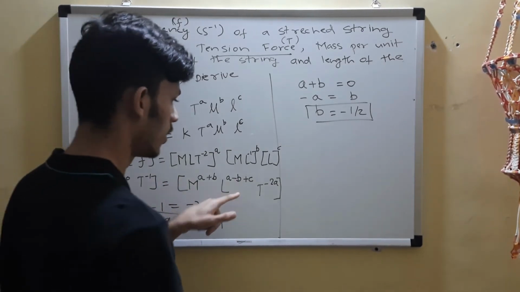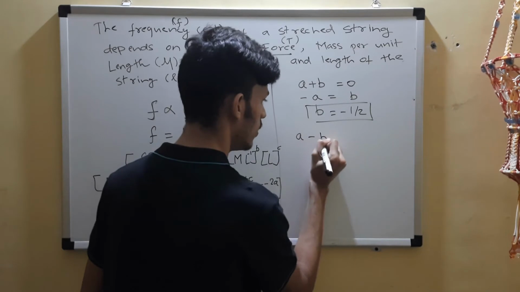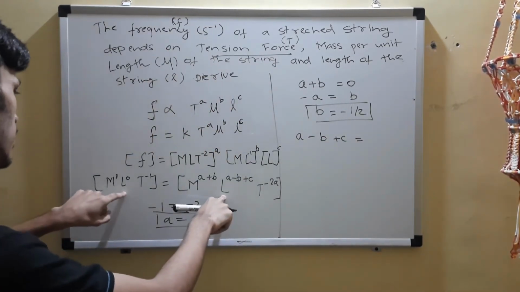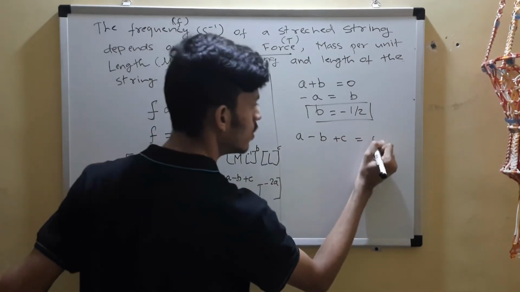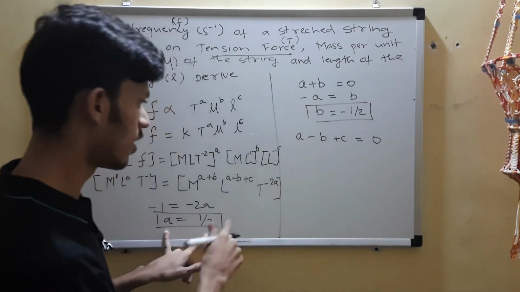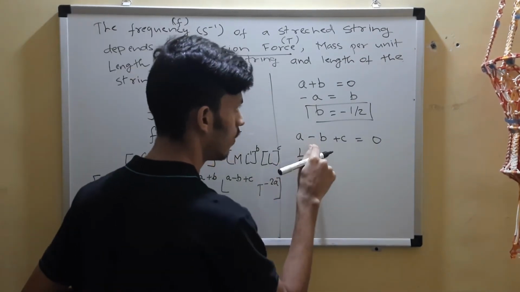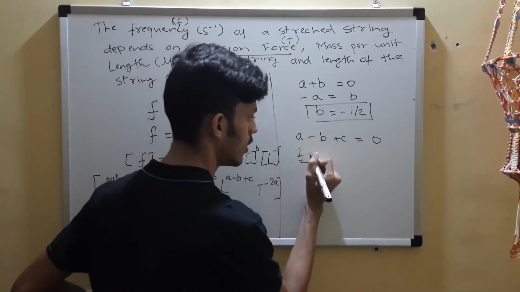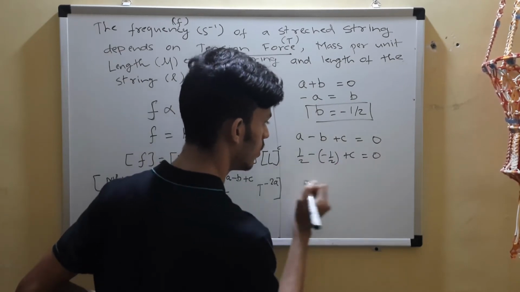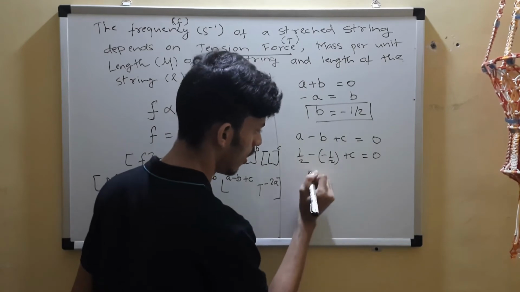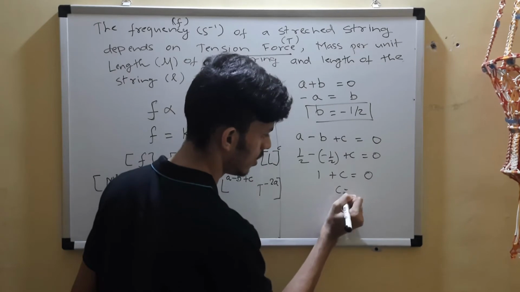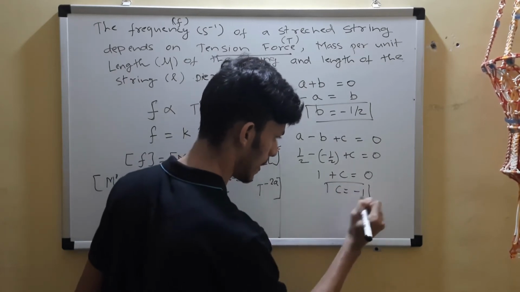Here we can get C: A minus B plus C equals 0, as for L, bases are same, power should be equal. So we have A, which is half, B is minus half, so half plus half plus C equals 0. So you have half plus half, which is 1, and C is equal to minus 1.